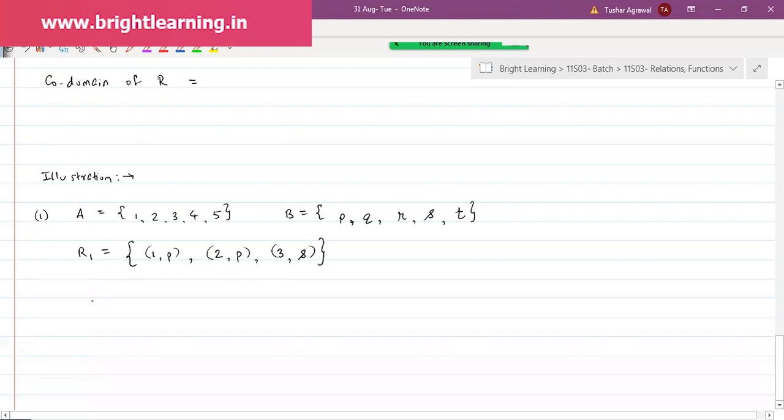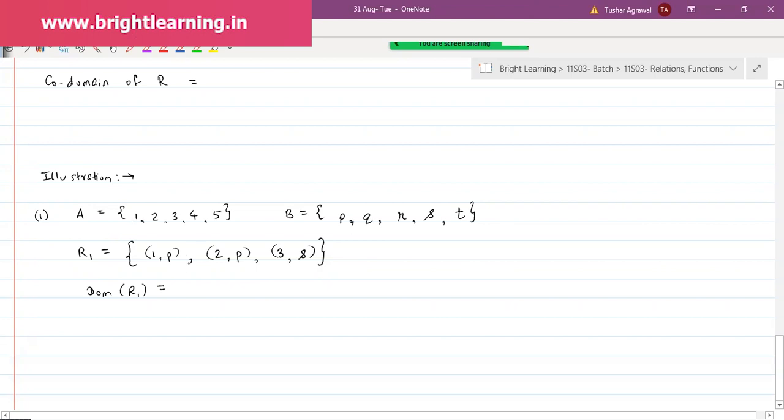So domain of R1, what will it be? First of all, realize that R1 is a relation from A to B, not from B to A. So concentrate on the first set A, and take those points which have actually formed an ordered pair. Has 1 formed a pair?